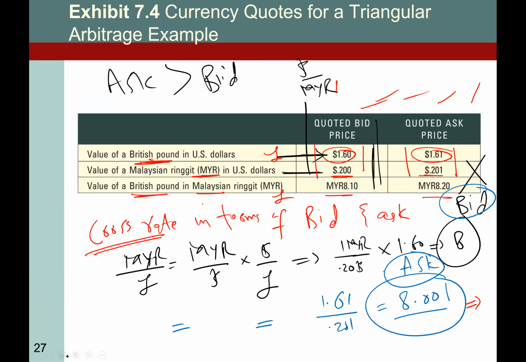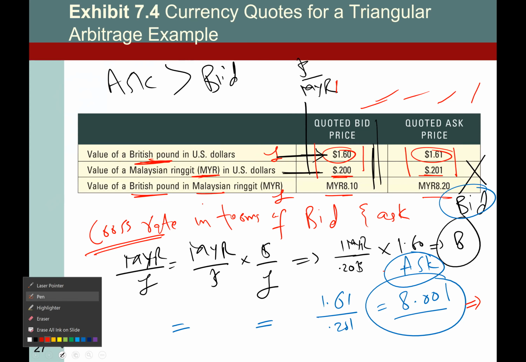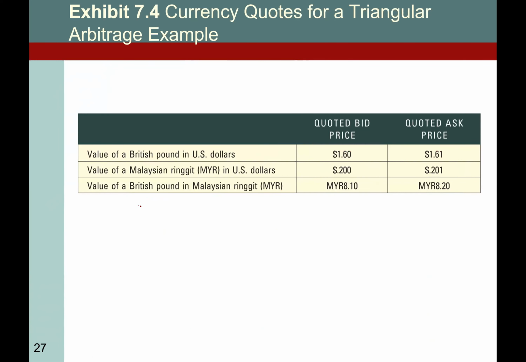Okay, now we find that 8 and 8.001. The cross exchange rate is that pound value is 8 and 8.001 is the ask price. So there is discrepancy.